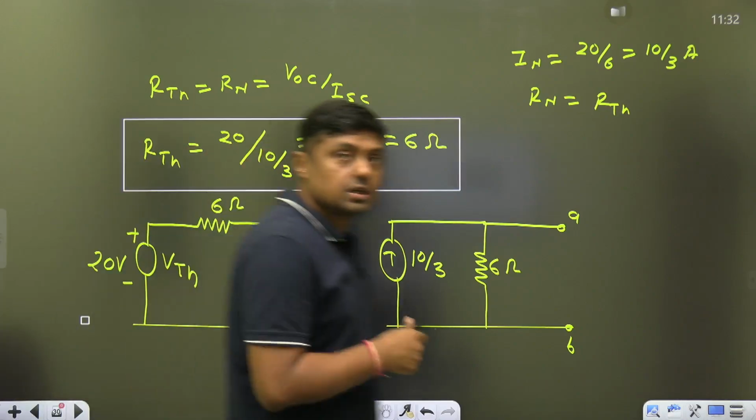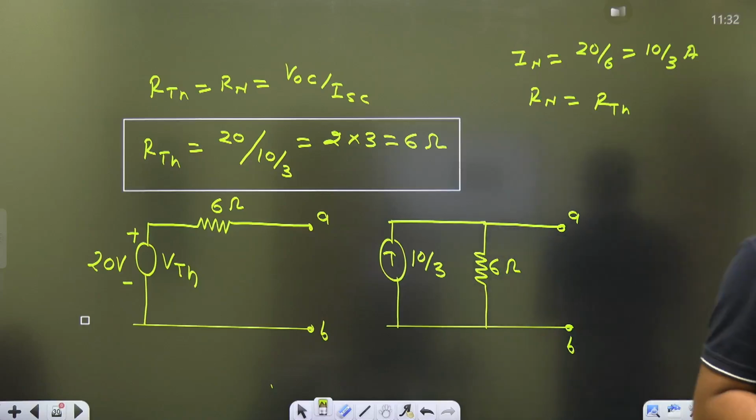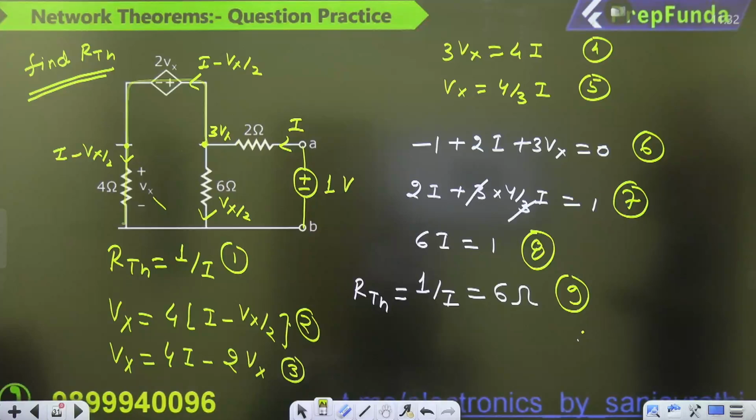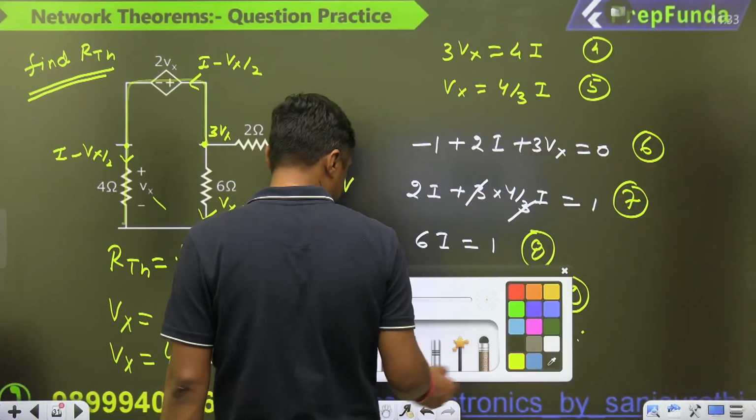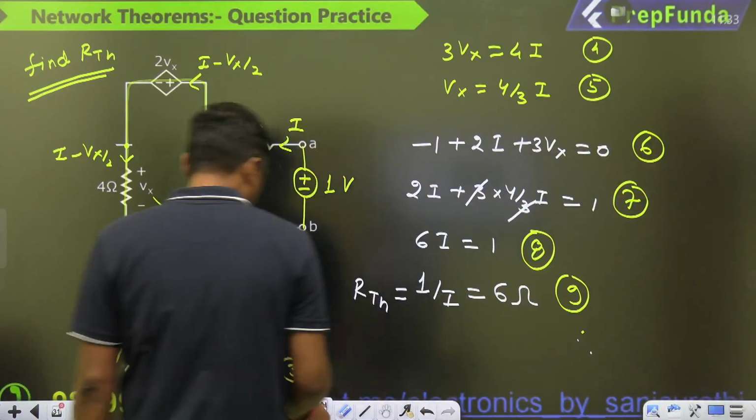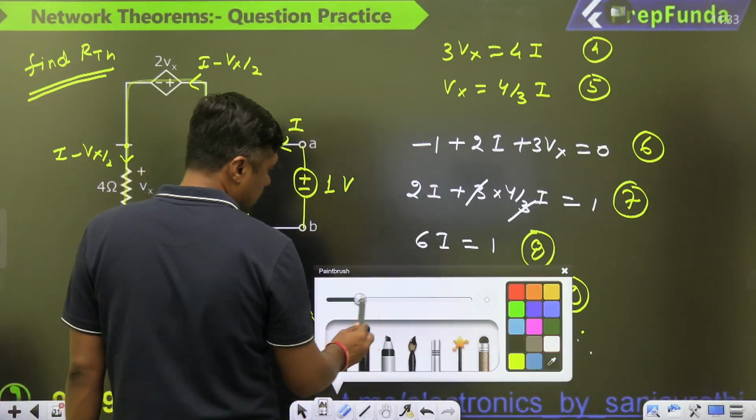Okay, which equation? Equation number 6. Okay. In this diagram, in this slide, this is the -1. Watch, I have written the KVL up to this point only.